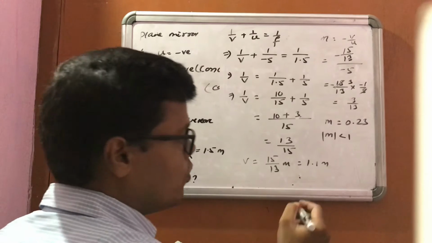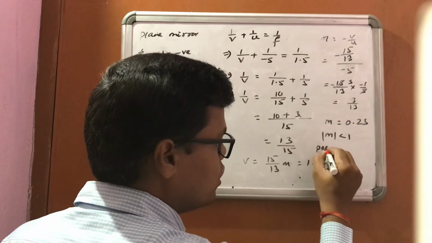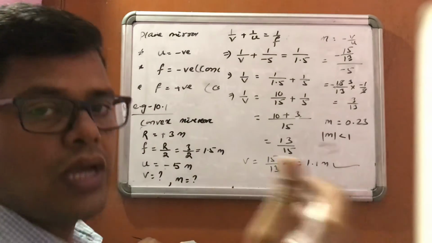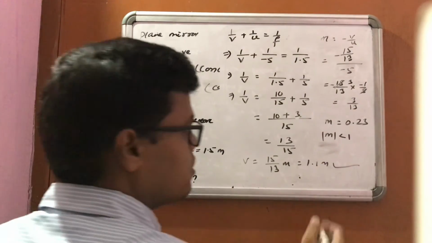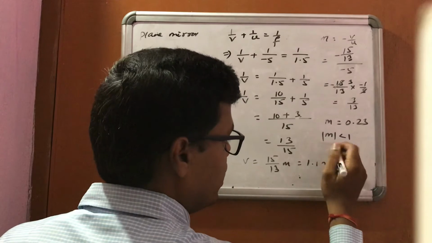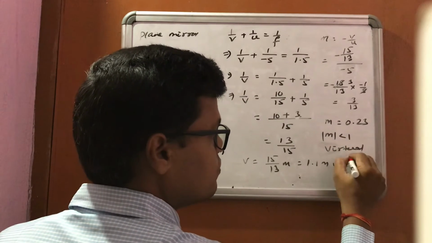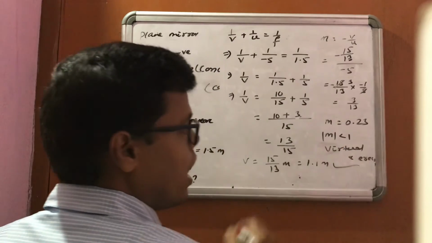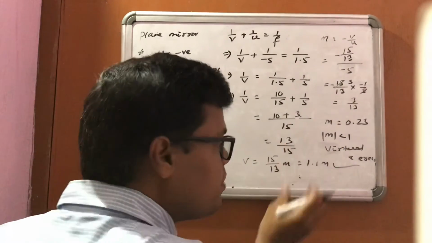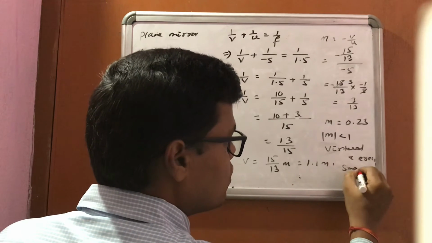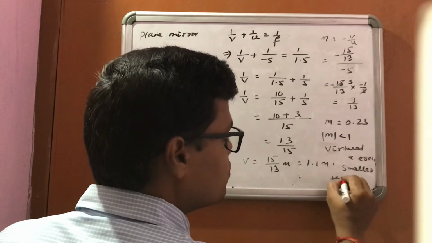So what is the position of the image? Position is at a distance of 1.1 meter behind the mirror. What is the nature? It is virtual and erect because magnification is positive. And what is the size? It is diminished, very small, smaller than the object.